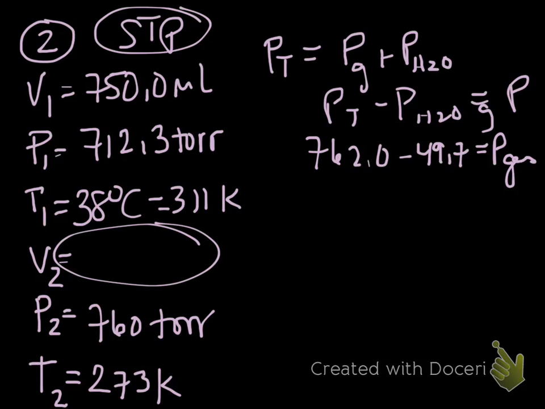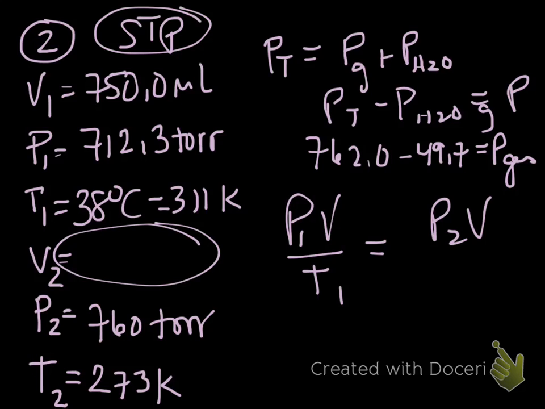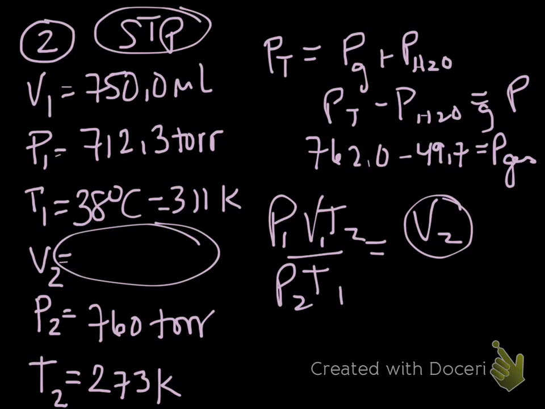Okay, and we're looking for our secondary volume. So we have P1 V1 over T1 equals P2 V2 over T2. Rearrange in whatever manner you like. So now we have our rearrangement completed. We're just plugging in numbers.